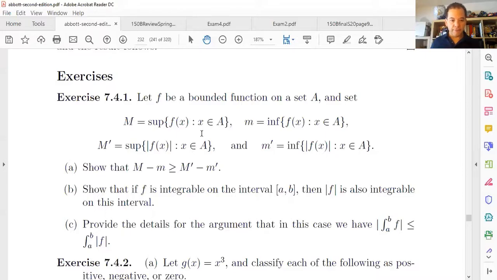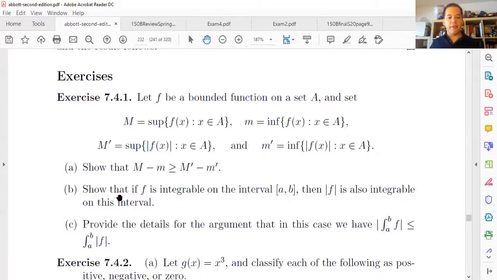So, yeah. There's exercise 7.4.1. Let's see if we can do it. It says, let f be a bounded function, and set, see, we have these supremums, M is the supremum of the function when x is in A, and little m is the infimum. And then the prime ones are the ones that have absolute value, right?